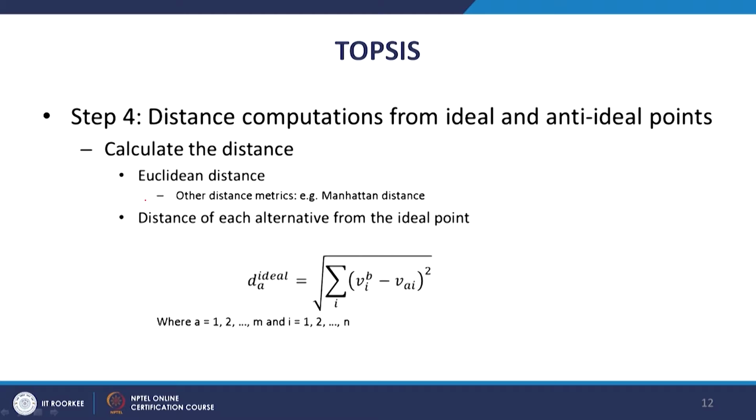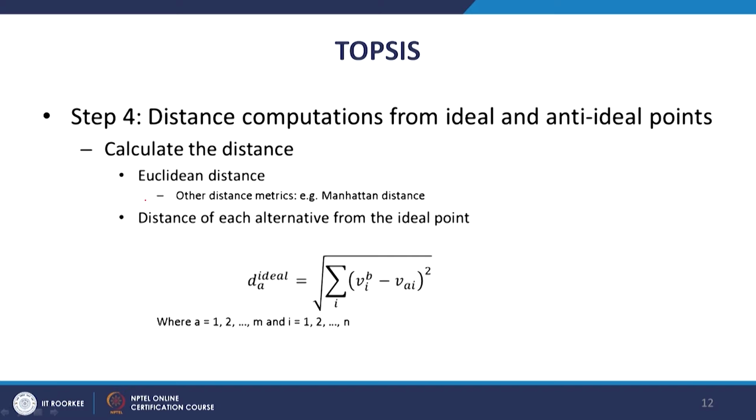The most popular distance metric that is typically used is the Euclidean distance metric. There are other distance metrics, for example Manhattan distance, which is also used. Because Euclidean distance is more popular, we will talk about this. So how do we use Euclidean distance to compute the distance between alternatives and ideal and anti-ideal points? You can look at this expression here in the slide.